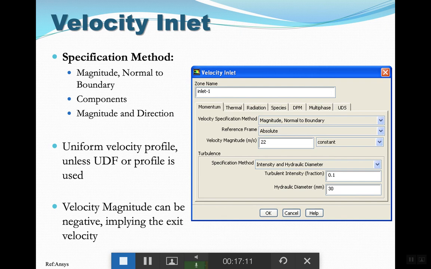So when you are dealing with an experiment, most often you have a collection of inlet velocities at different points of your inlet. That's when you use the profile. The last one, which is called UDF, or user-defined functions, which we will be discussing comprehensively in our last subject of the semester. You basically provide equations for velocity inlet at the boundary.